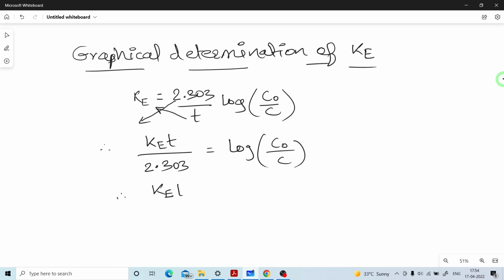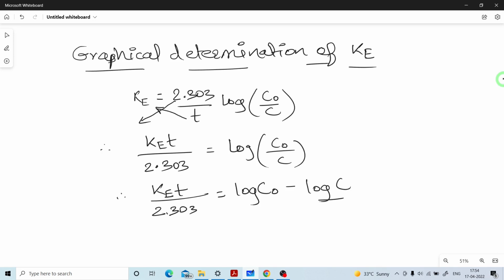So the equation will become Ke t upon 2.303 is equal to log of C0 minus log of C. Now, again, I'm going to rearrange the terms. I'm going to take this log C towards the left hand side and this Ke t upon 2.303 towards the right hand side.